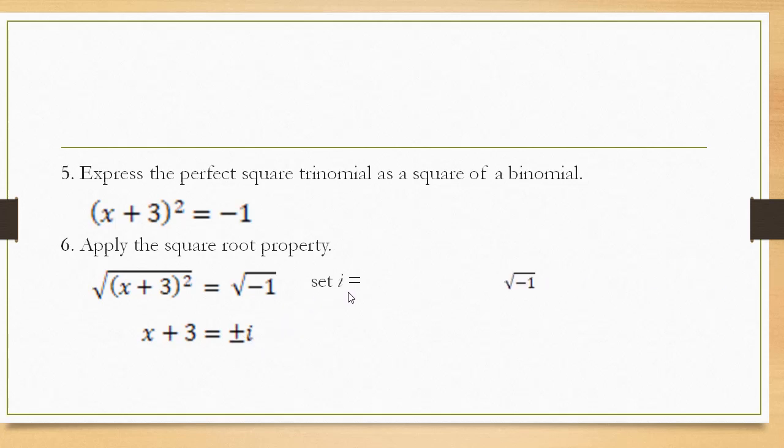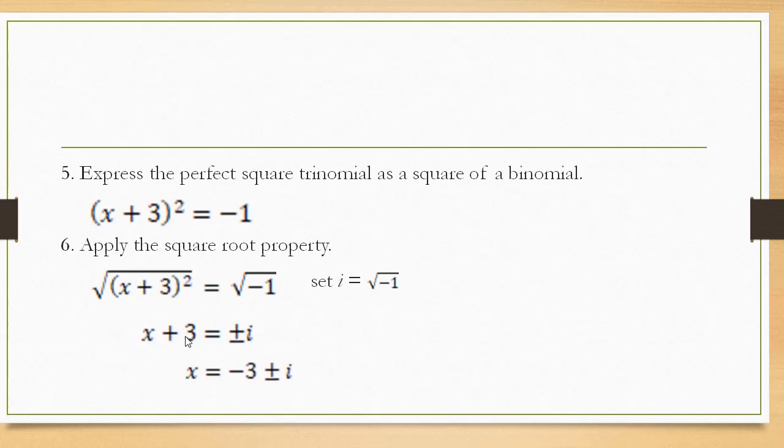Let i equal the square root of negative 1. What is i? It is imaginary, since there is a negative sign within your radical sign. So, it's not possible, so we put i for imaginary.